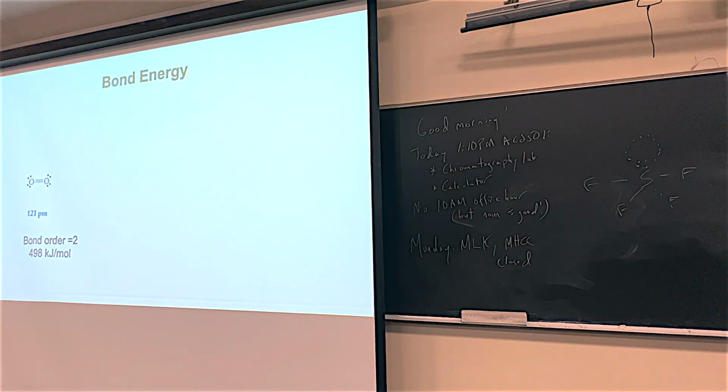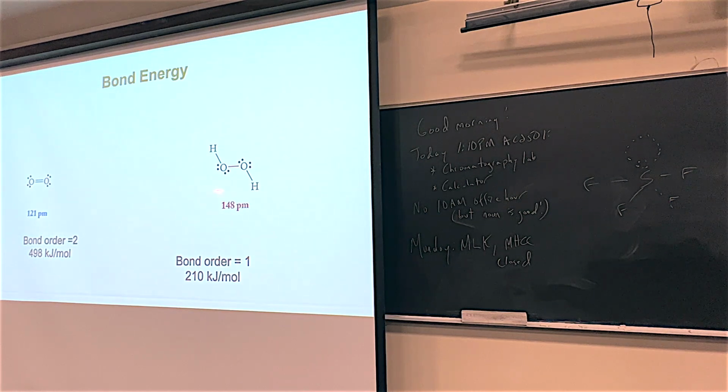Here are some other examples of how this works out. Dioxygen, which is what we're breathing, has a bond order of 2 when you draw a Lewis structure. 498 kilojoules per mole to break it up, and the bond length is 121 picometers. Now, hydrogen peroxide has an oxygen-oxygen single bond. This is a double bond versus single bond, order 2 versus order 1.